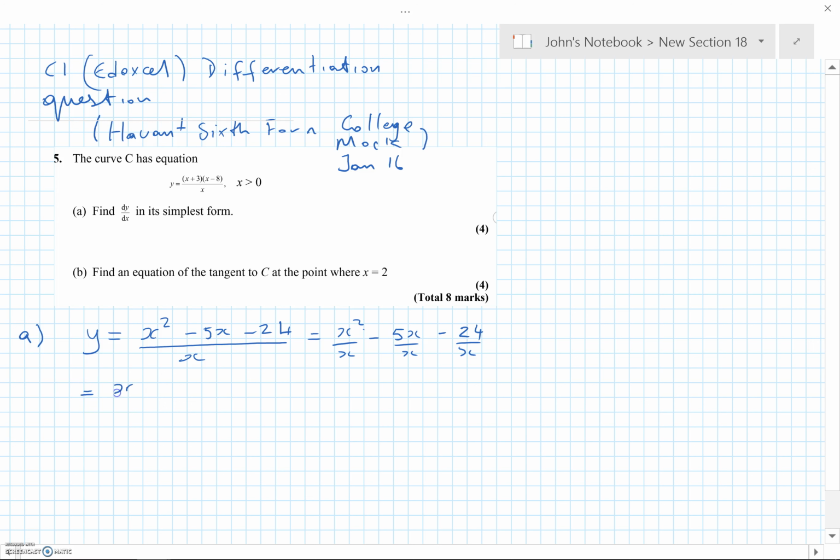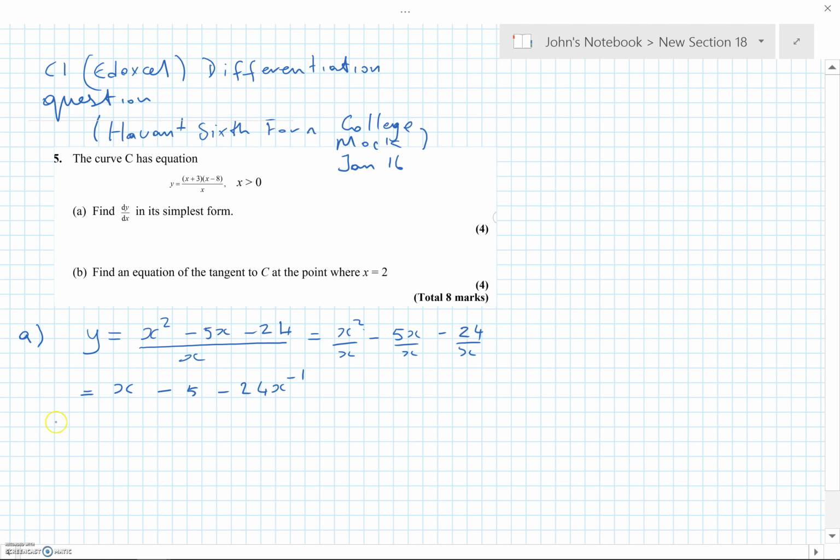And that gives us x minus 5 minus 24x to the minus 1. All we've done is written it in the form where we can differentiate and use our rule for differentiation, which is nx to the n minus 1. We can use that.